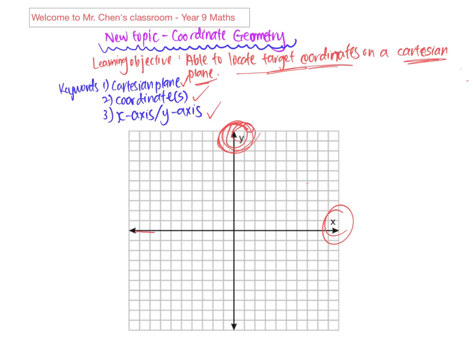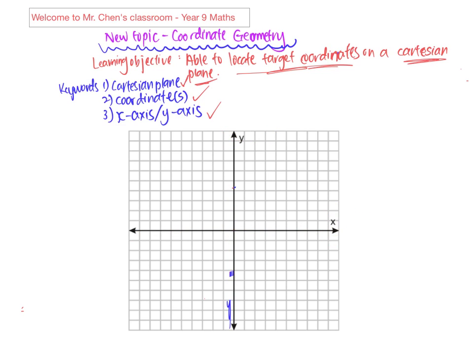The one lying down is called the horizontal line, which is your x-axis, and the vertical line going straight up is your y-axis. You've got two of these.